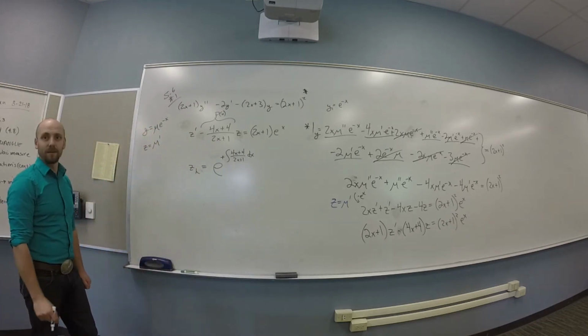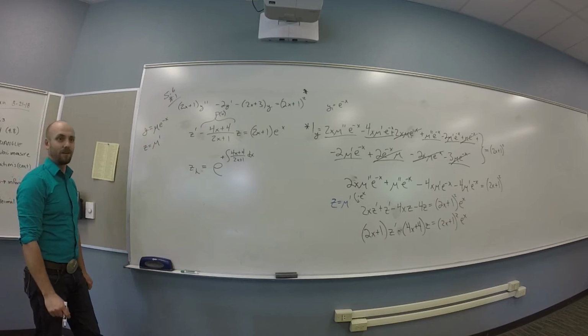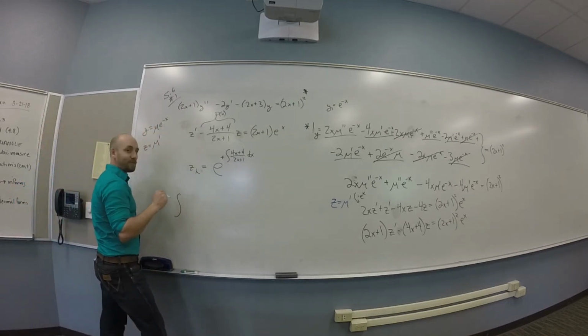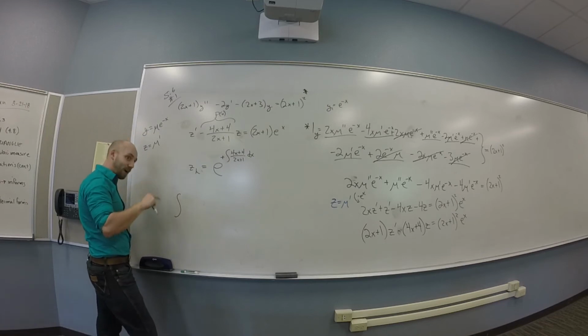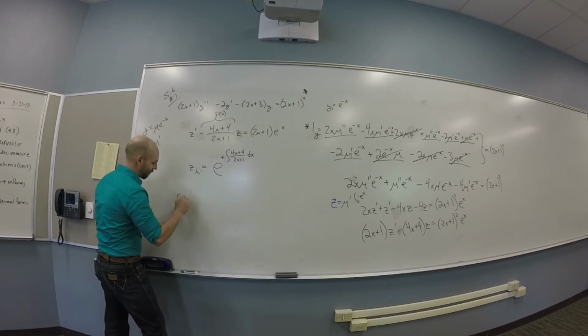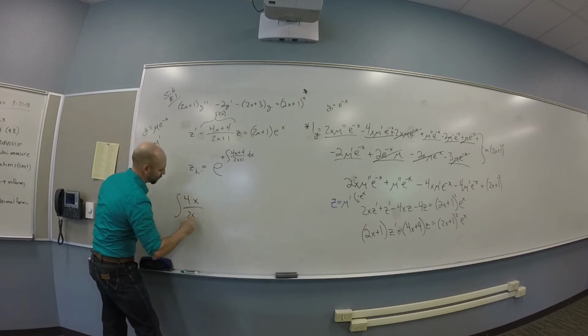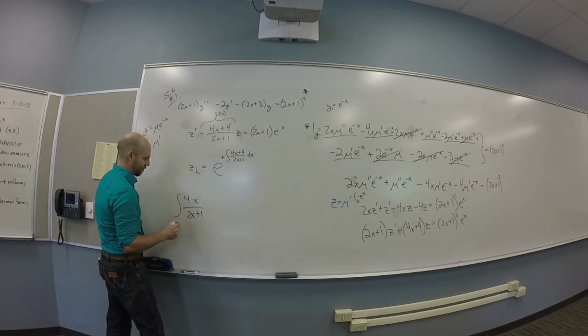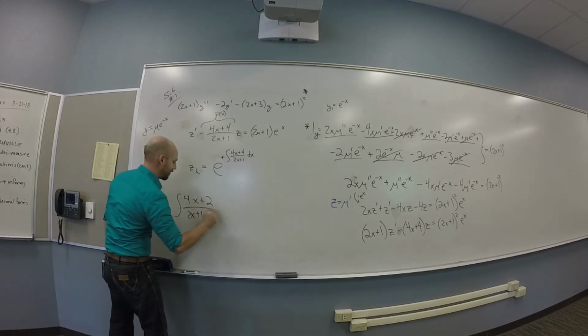It'll be easier to integrate if you split the top. If you call it 4x plus 2 plus 2. All right, so now I'm doing the subproblem of integrating (4x plus 2) over (2x plus 1). Oh, that's cute.